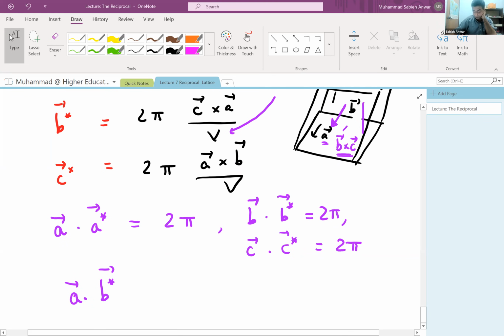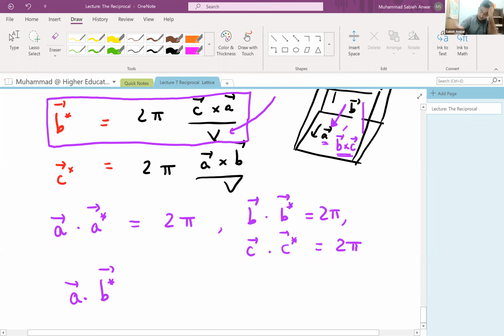Anyone with the answer? Come on, guys, this is easy. This is B star. If I form the dot product of A with B star, what would the answer be?